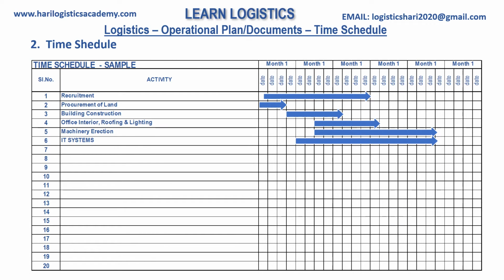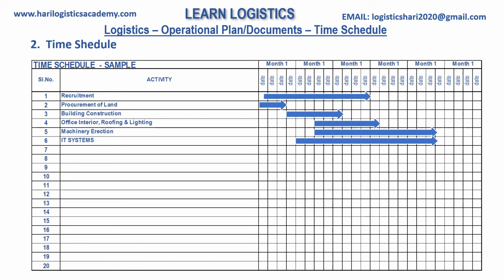Then comes the time schedule. Time schedule, again I am showing here only a sample. Like earlier in the strategy document we have seen the implementation schedule. More or less it will be a replica, apart from some activities. Here you see the activity.